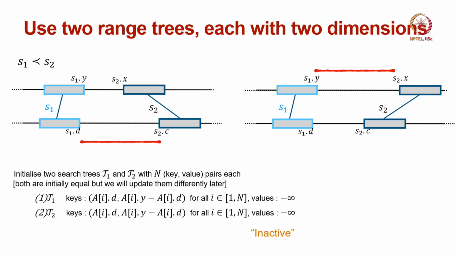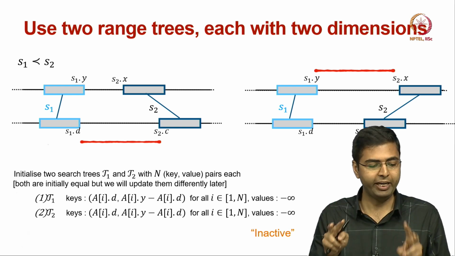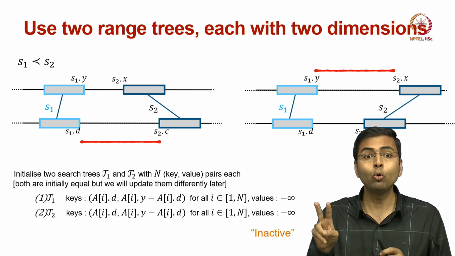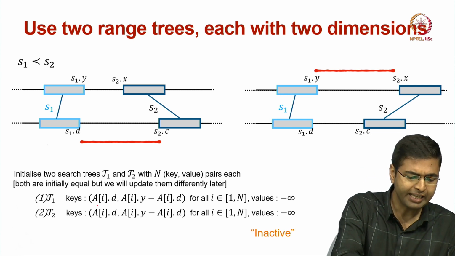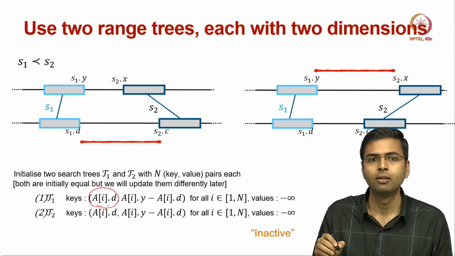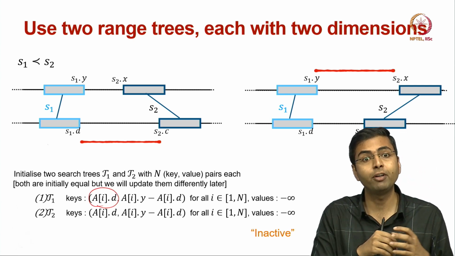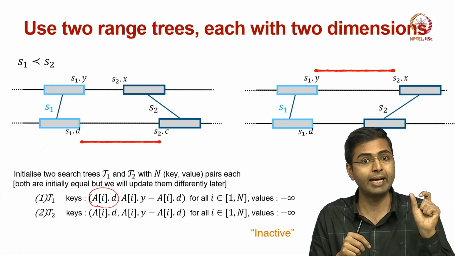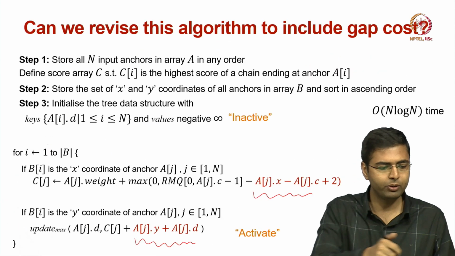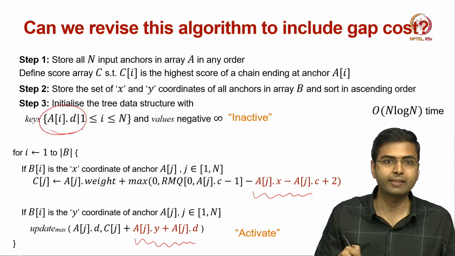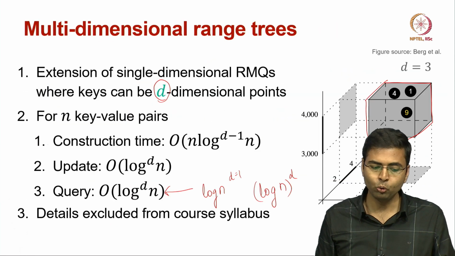Another thing that we are going to do is use two trees. So we are going to use two-dimensional trees. The first dimension remains the same as before. Remember that in the previous algorithm we were using d coordinates of the anchors as keys. We will continue to do that here as well.